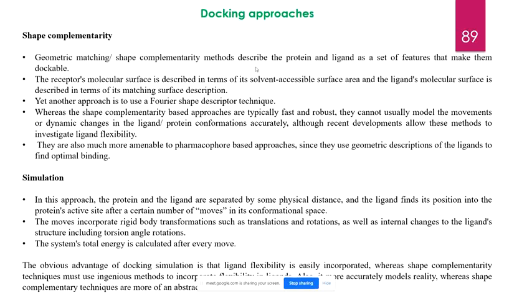The major difference between shape complementarity, simulation and all these techniques is how you write the algorithm, how you write the code. And generally these codes are not written by a biologist but by a physicist. But the major problem is that the physicists don't understand the biological problems. They don't understand the biology.